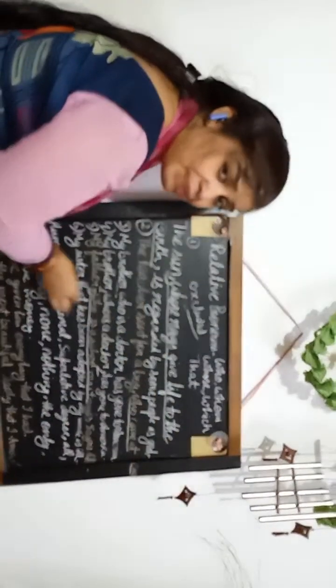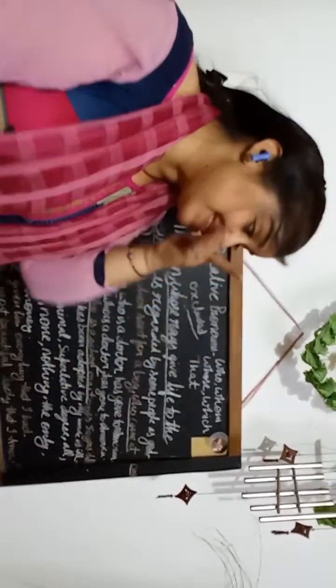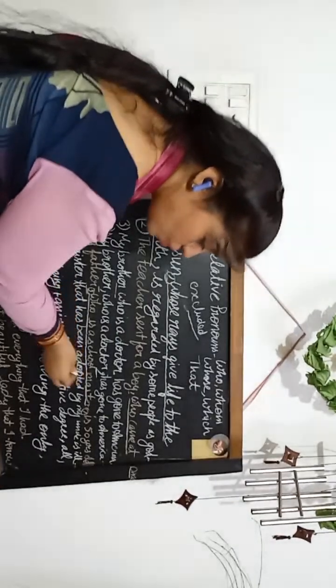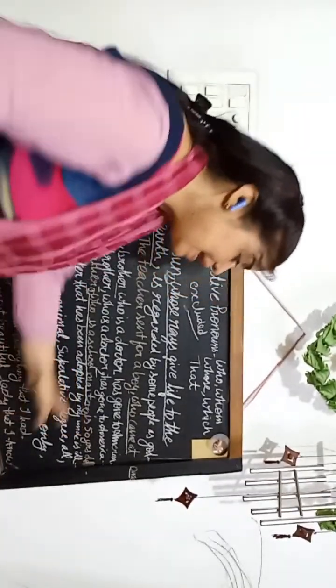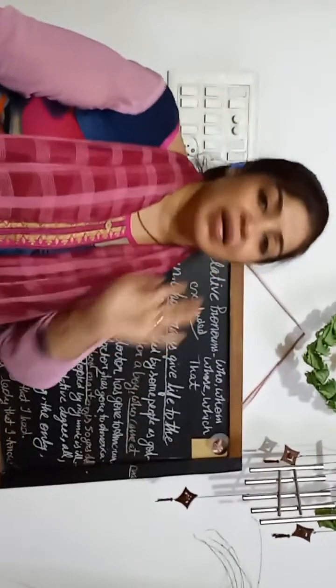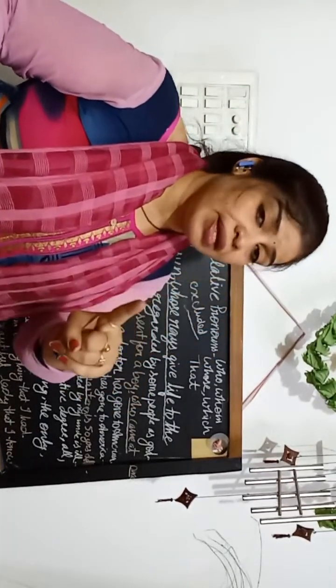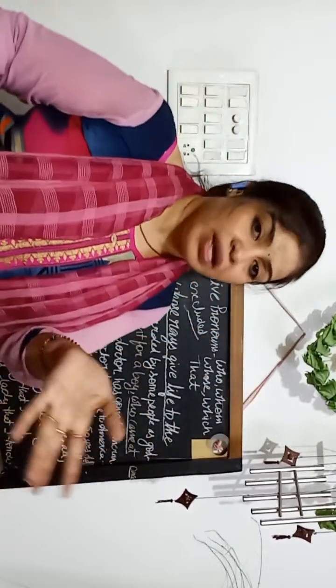My sister that has been adopted by my uncle is ill. That means in this case again, I have many sisters, but I'm talking about that particular sister. Here I'm using that in place of who, because that can be used for living things and non-living things, and when your things are in plural form.